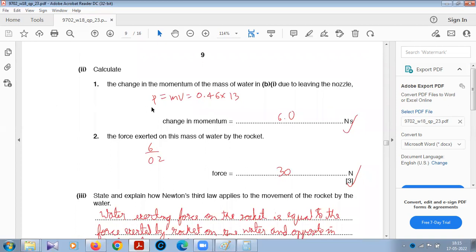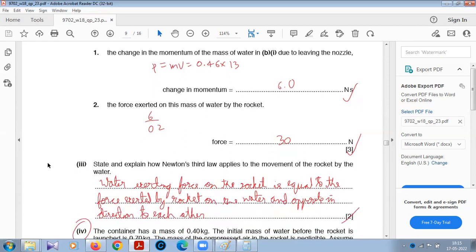That is just the mass that is coming out multiplied by velocity. Then force is the rate of change of momentum, that is dp by dt. So dp, the change in momentum, is 6 divided by the time, 0.2 seconds. So you are getting 30 newtons as the force.